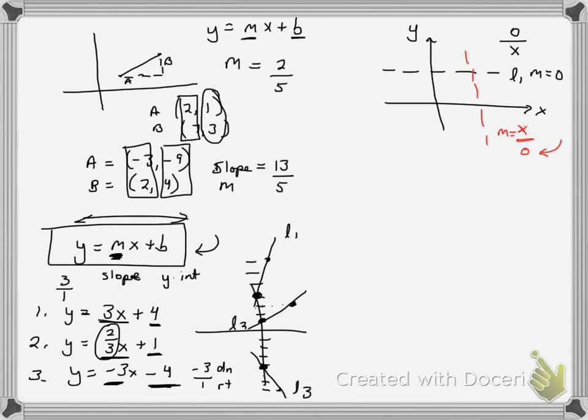We're not allowed to divide by 0. Remember? That's undefined. And so the slope is undefined when you have a vertical line. And on a horizontal line, the slope is 0. So this is the last major idea.